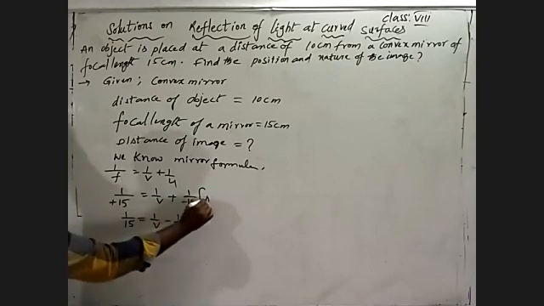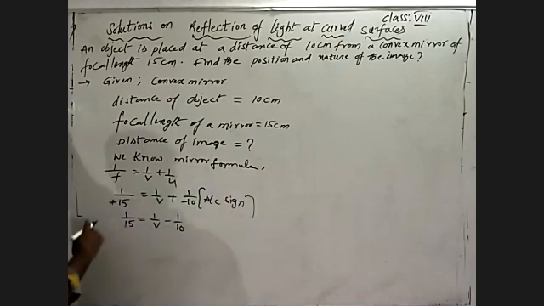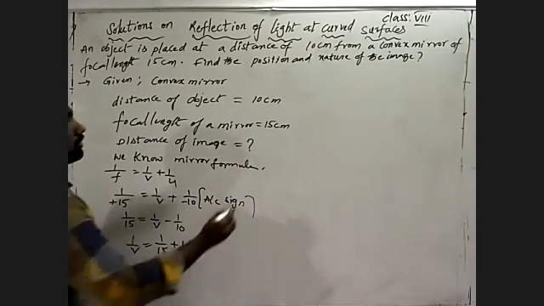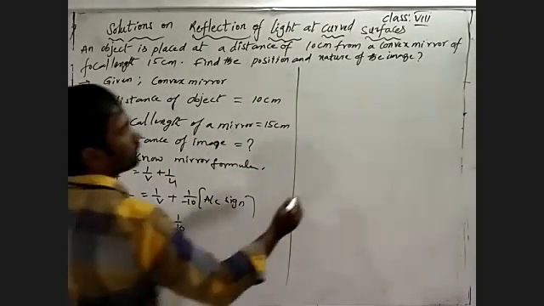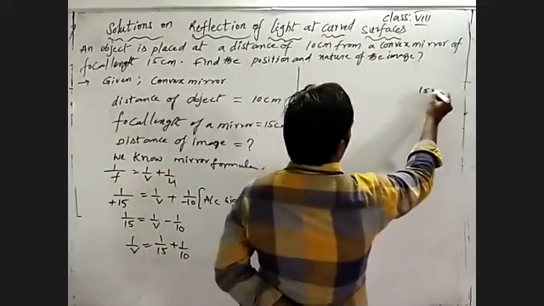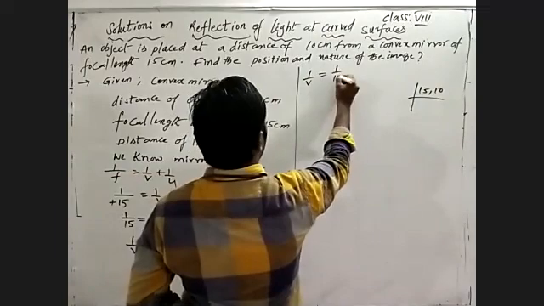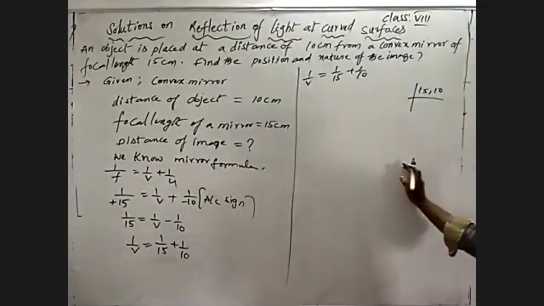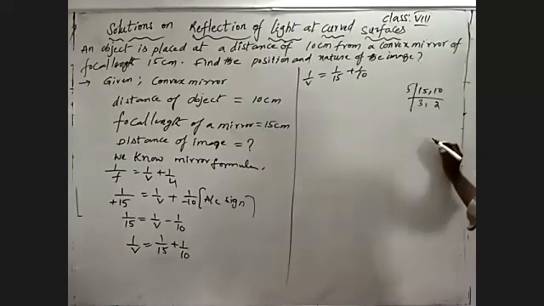This is according to the sign convention. So let's transfer this: 1 by v is equal to 1 by 15 plus 1 by 10. Coming to the LCM of 15 and 10: 5 threes are 15, 5 twos are 10.